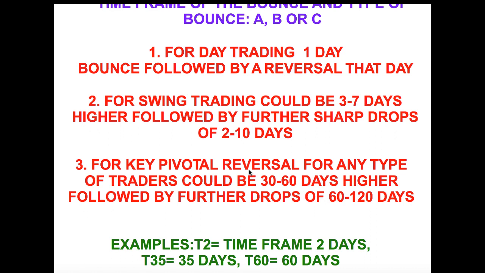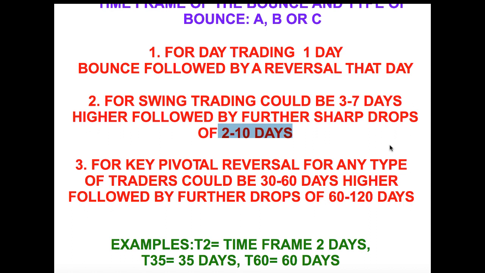So as you notice, the primary characteristic here is that your bounce time frame is slightly shorter than the drop time frame. It's going to have a ratio of about 2 to 3, or 75% of 100. So that's very important information right there, guys.